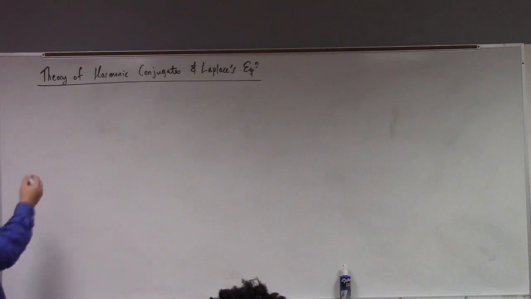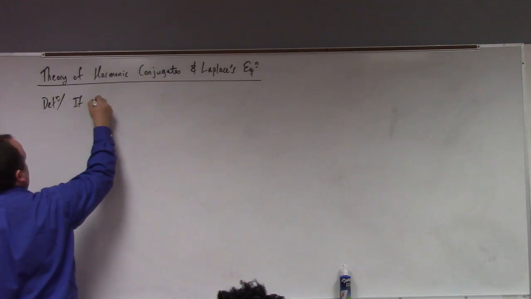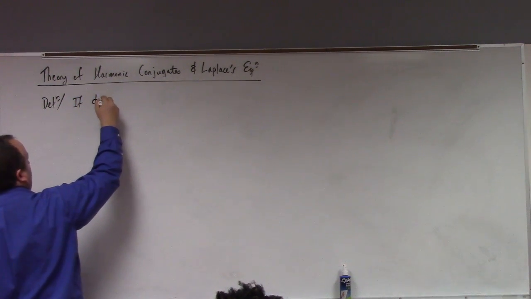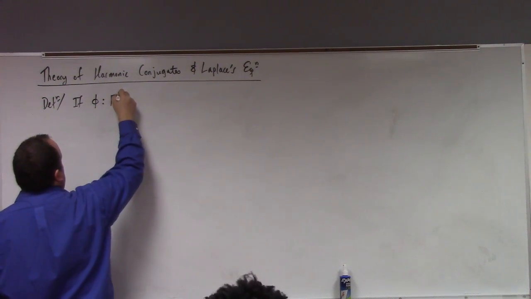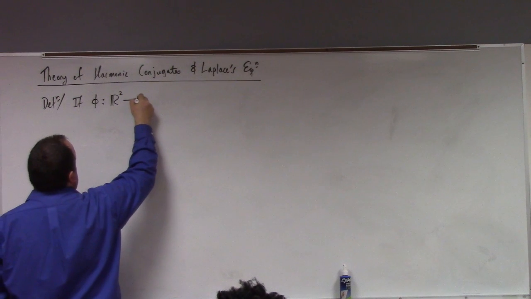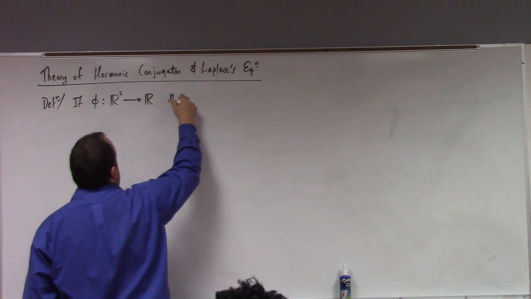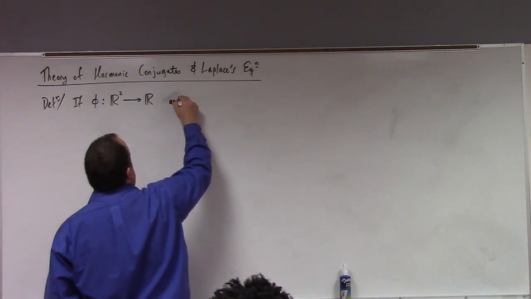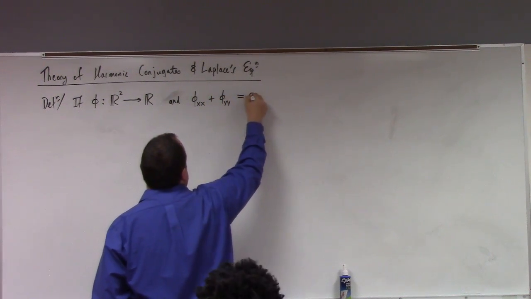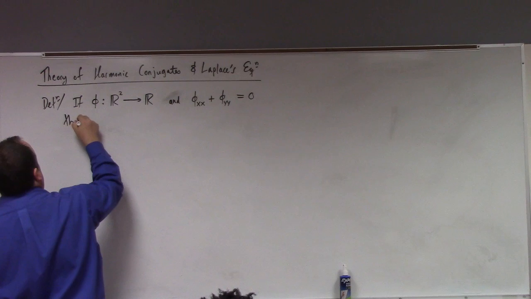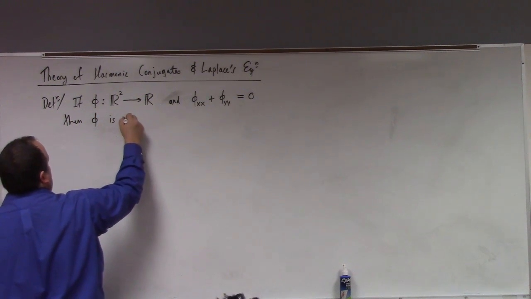So this is a definition. If you have a function phi, say from the plane to R, and phi xx plus phi yy is equal to 0, then phi is harmonic.